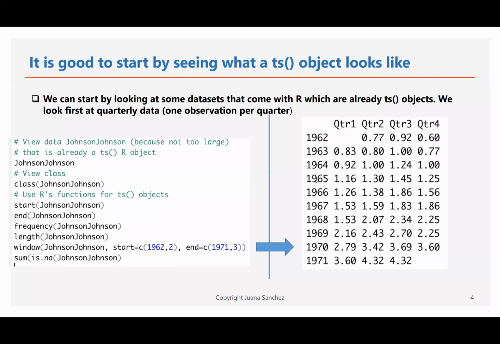You can see that the window we have chosen starts in quarter 2 of 1962 and ends in quarter 3 of 1971. And then you want to find out whether there are any missing observations. The sum of is.na in Johnson & Johnson will tell you how many there are. You will not find any in this data set.